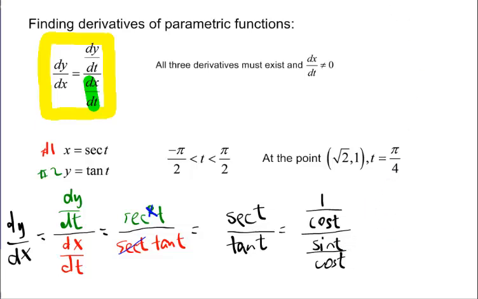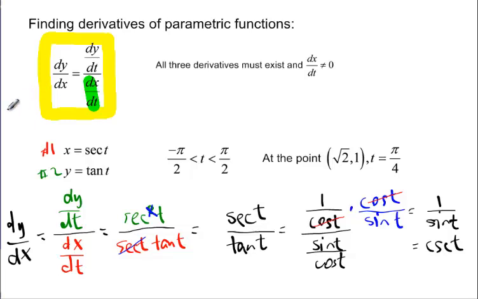And so if you divide by a fraction, you multiply by its reciprocal. So when I do this, my cosines cancel, and I'm left with 1 over sine t. And this is a good answer, or if you want to write it as cosecant t, that's a good answer.